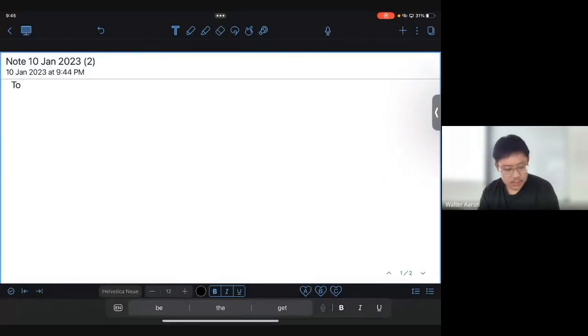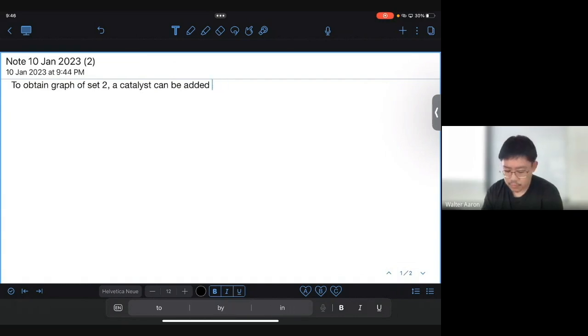To obtain a graph of set 2, you can say a catalyst can be added into the reaction mixture.